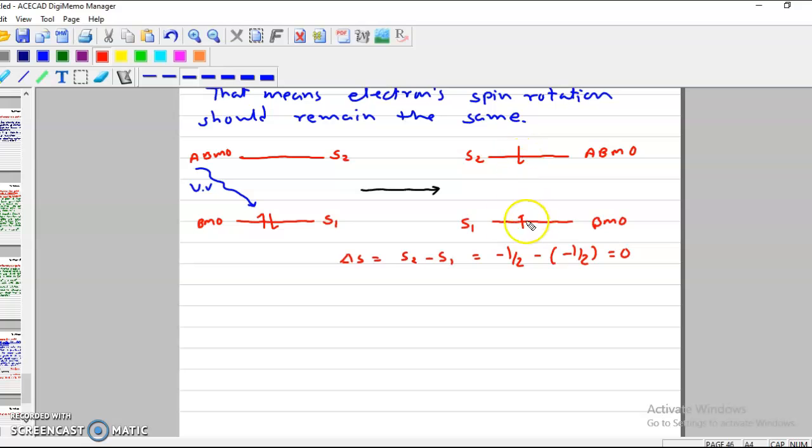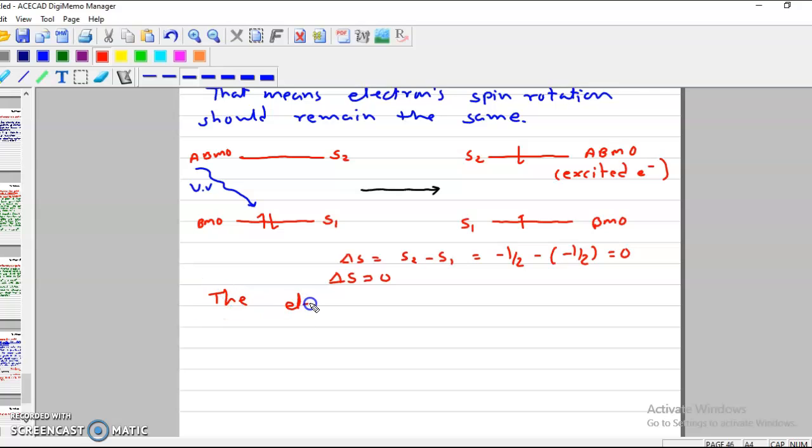So there is no change in the spin rotation of this excited electron. This is the excited electron and its spin remains the same. Okay, so here total spin delta S should be 0 for allowed transitions. Okay, so this is the condition.